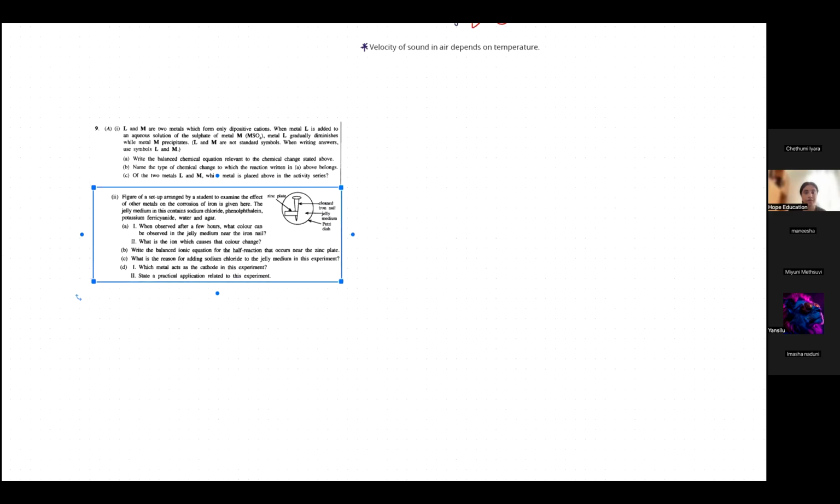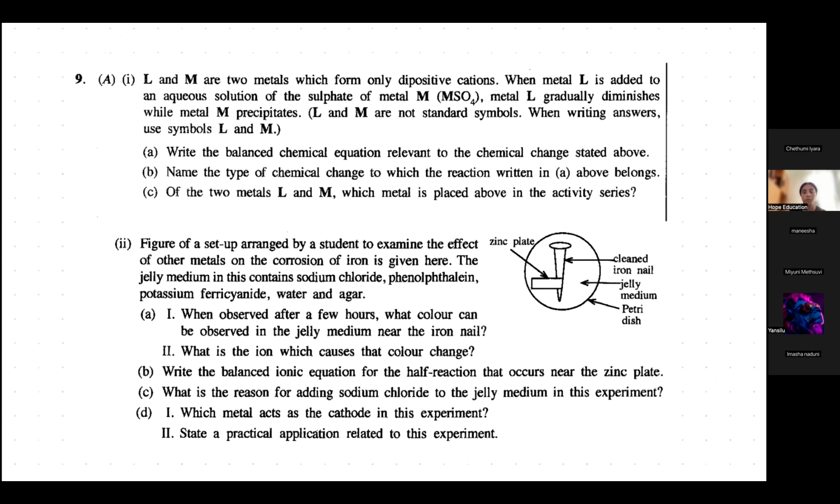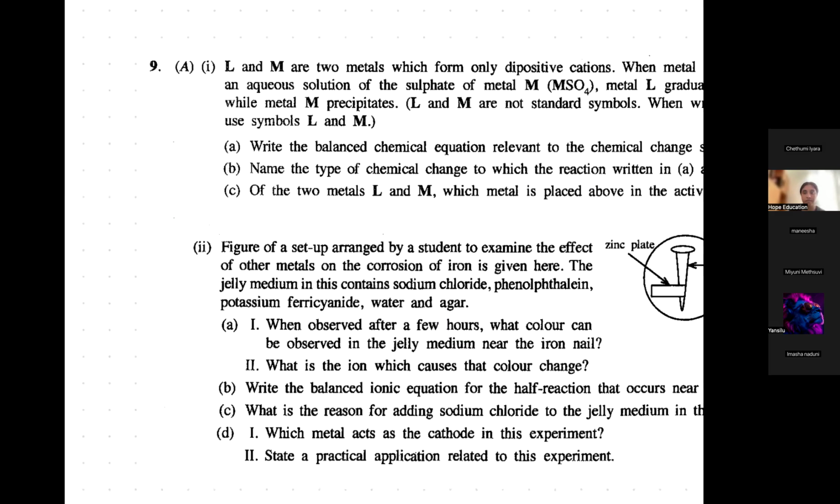Okay. We will do the 9th A question. There's Roman number 1 and Roman number 2. Quickly do this. Make it fast. Let me know when you're done. As soon as you finish, put it in the chat box.